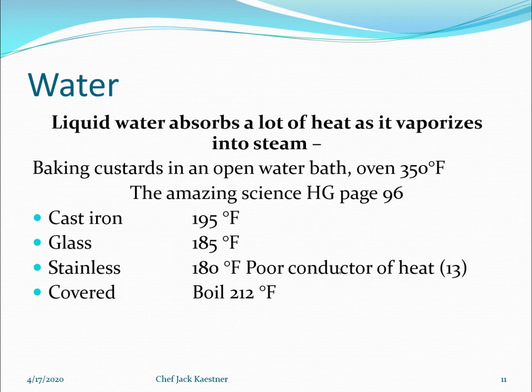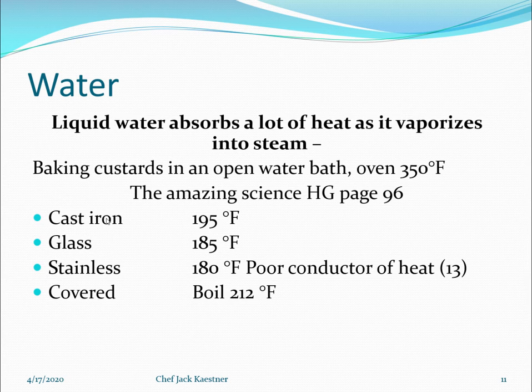This was interesting in the McGee book, and I just thought I'd mention it. Liquid water absorbs a lot of heat as it vaporizes into steam. If you ever made a custard or a creme brulee, you put it in a water bath at typically 350 degrees. What McGee did is he used a different container to cook the little porcelain cups in.